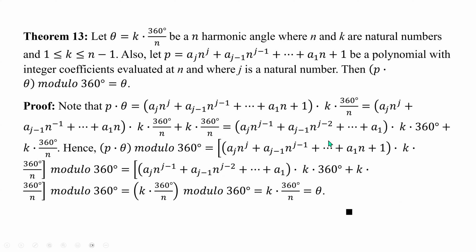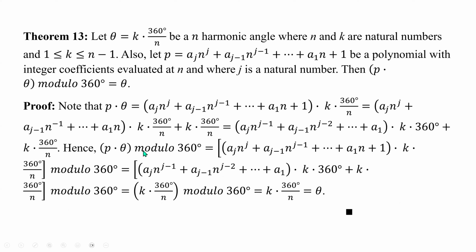This is going to be some natural number times k times 360, so this comes out to a natural number multiple of 360 degrees. And then we also have plus k times 360 degrees over n, the second term here.